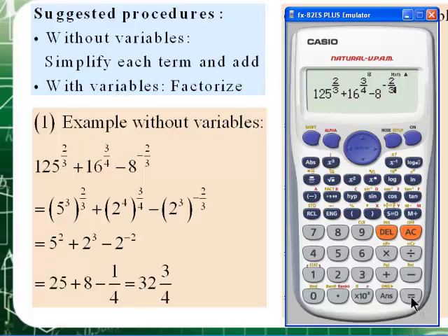Right? Enter it, and you get 131 over 4, and I can convert this into a mixed numeral by using this second function here, and we get 32 and 3/4.